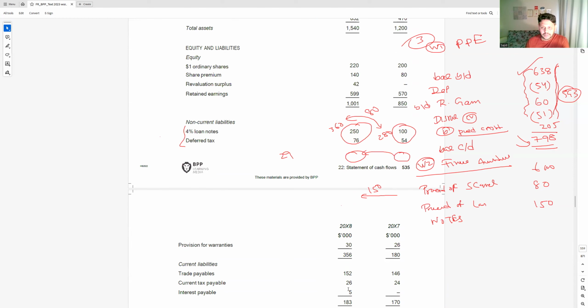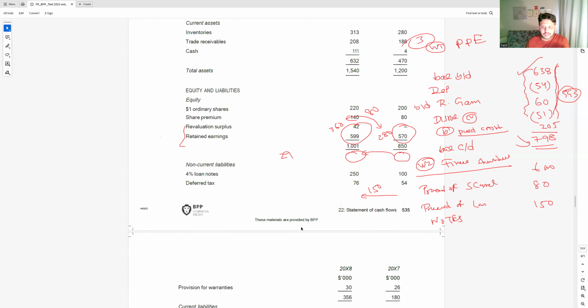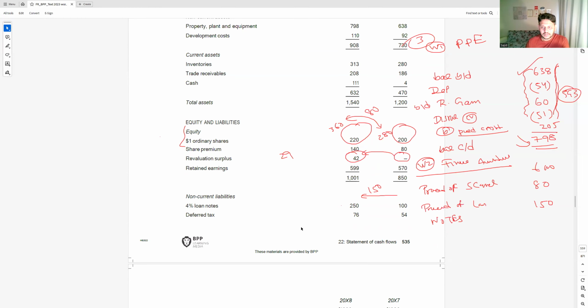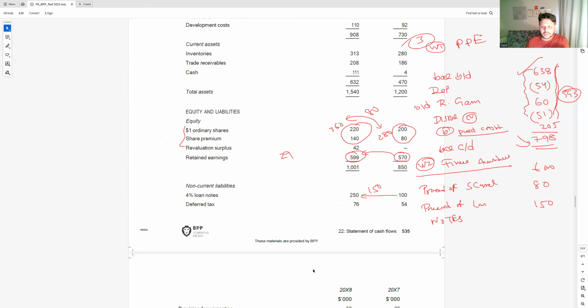We have 570 before, and this year we make another, how much we make?